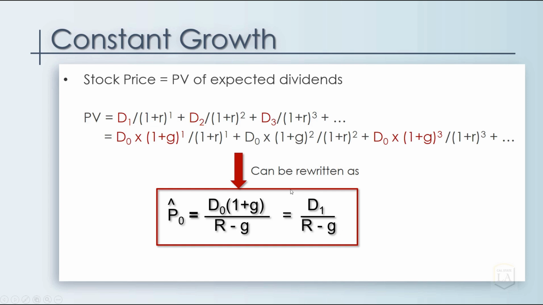This is just another mathematical touch, yet what you can see is that the model has become more generalized and much more simplified than before. This is the formula developed by a scholar called Gordon, so it's called the Gordon model as well, and this is the model that we will be using for this chapter.